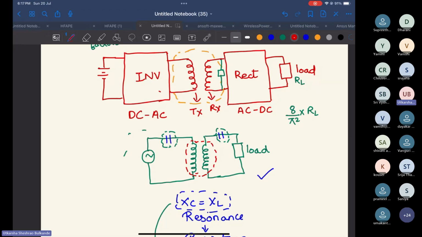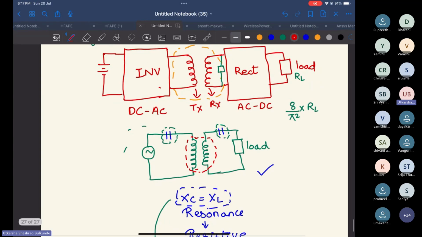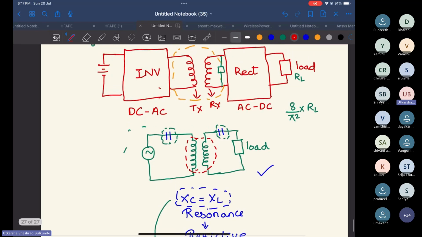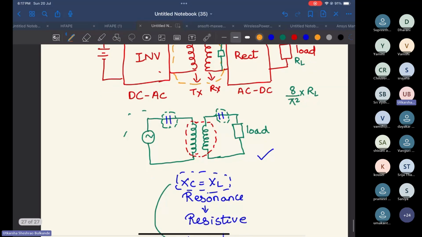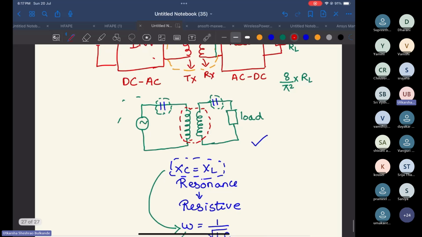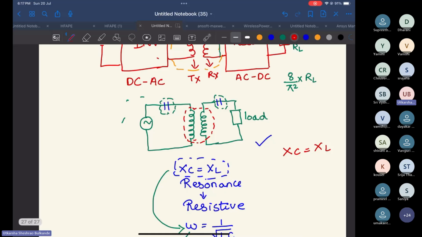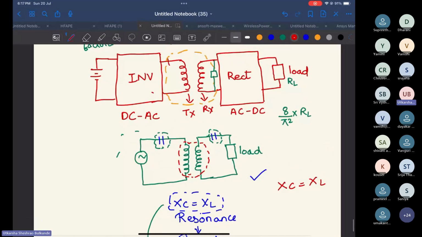So because of that, the VA rating of your circuit will increase. So to avoid that, we make our circuit work at resonance. So how do we do that? For resonance, the first condition is Xc equals XL. So coil we already have. What will we put extra? Capacitors here.